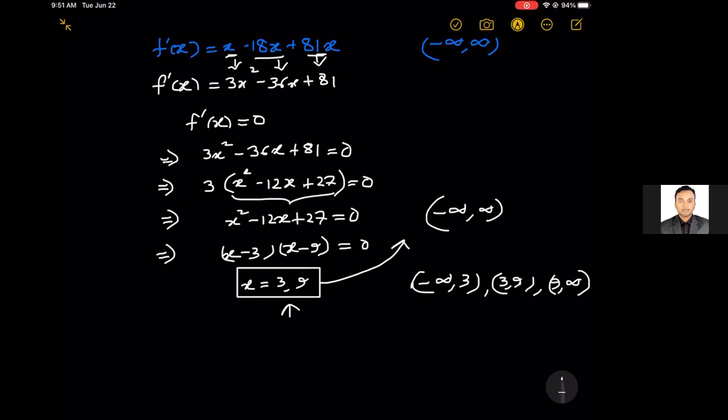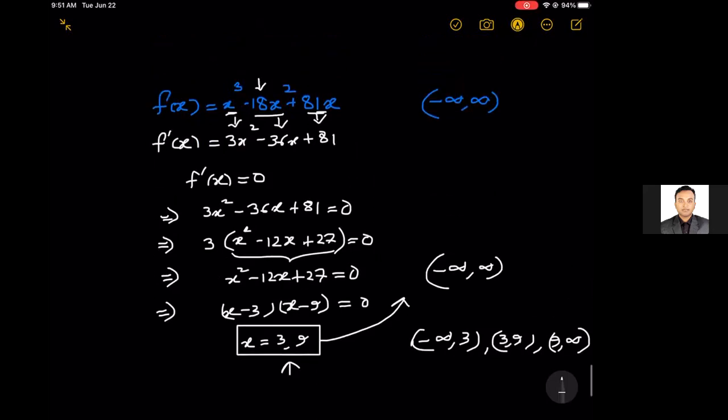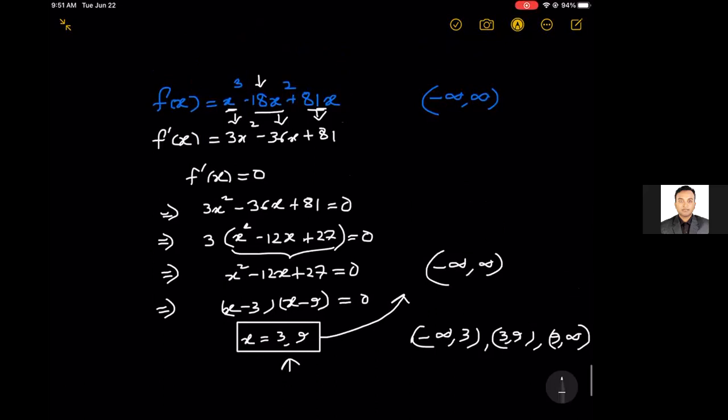We can always find the 0 and subdivide our intervals using that point as well. We can do that. Let's check the 0 as well. If that's 0, it means x cubed minus 18x squared plus 81x is 0.